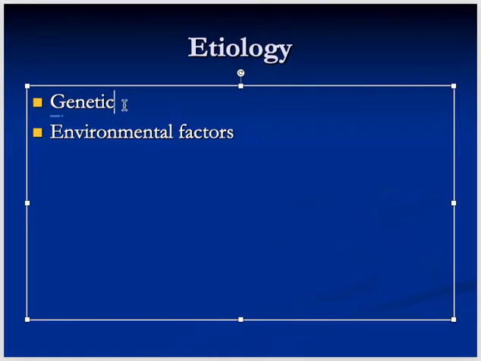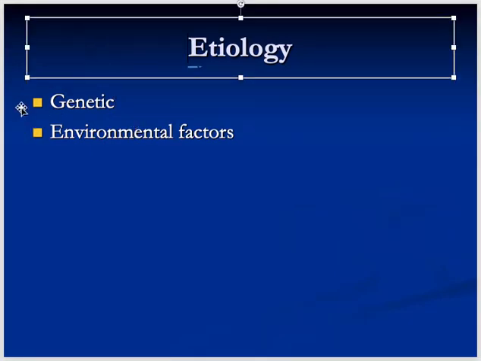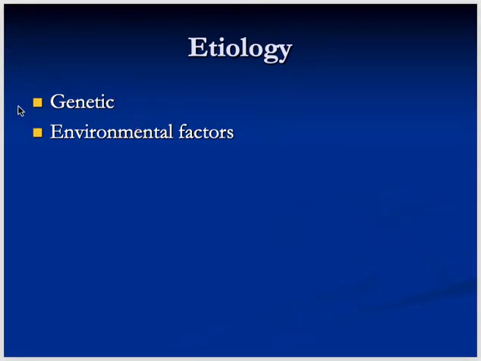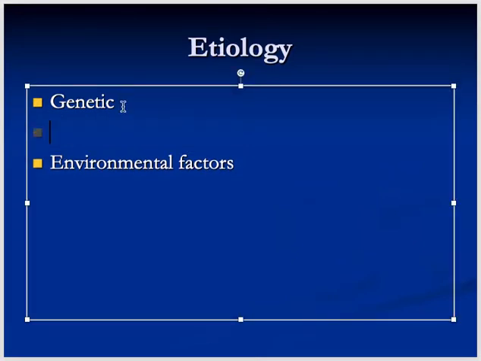On the other hand, they found that people who have rheumatoid arthritis, their first-degree family members do have rheumatoid arthritis as well. So that makes a very, very important point. That's why they say that genetics or the genes play a role.